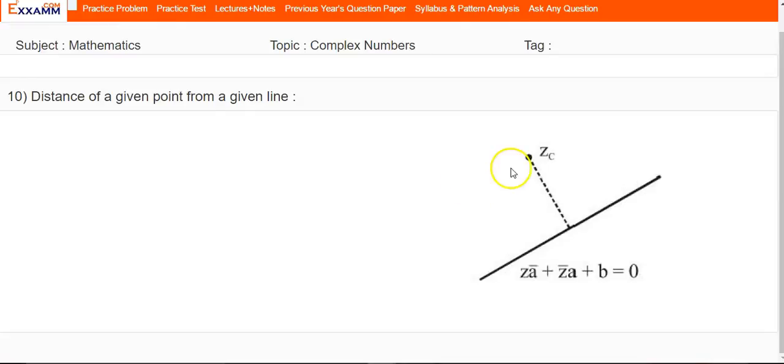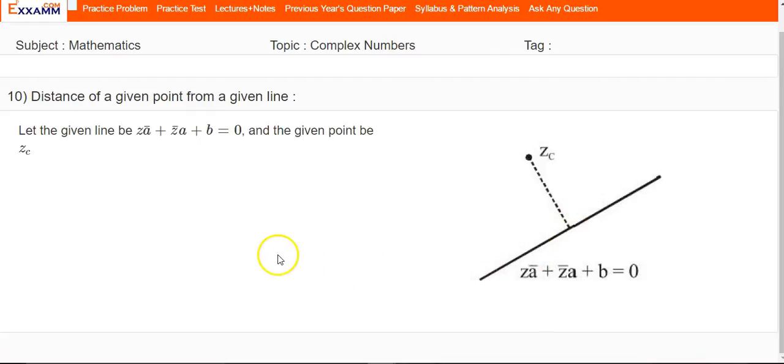Now let us find out the distance of a particular point from a line. So what do we need? We need the coordinates of the point, and then we need the equation of the line, and we have to find this particular distance.